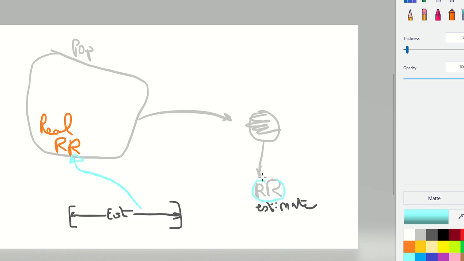So maybe your estimate, let's say, is 2. So you take your relative risk equal to 2, you build around it a confidence interval up and down, hoping by doing so you will capture the real relative risk. Now, how sure are you that by doing this you will capture the real one?